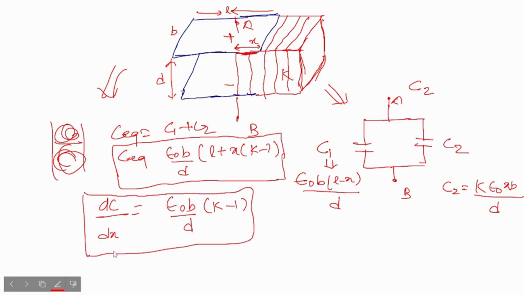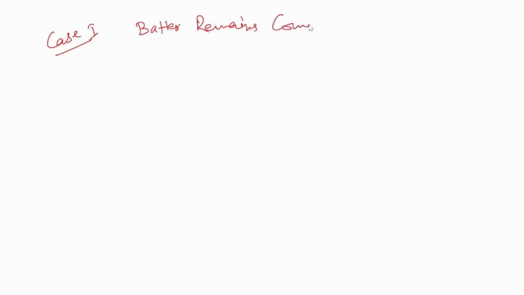Now we'll be studying two cases, finding the force in each. Case one is when the battery remains connected during insertion. The second case is when the battery is disconnected. When the battery remains connected, U will be 1 by 2 C V square.